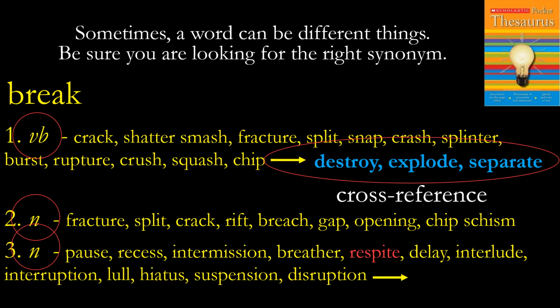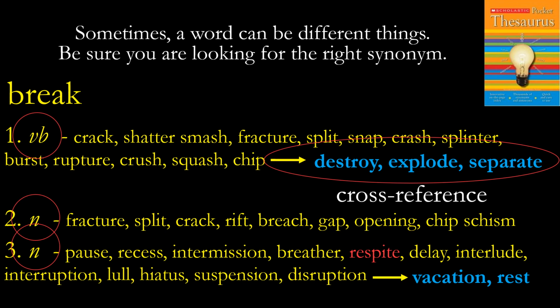A thesaurus will not give you the pronunciation. The dictionary does that. So we have respite, delay, interlude, interruption, lull, hiatus, suspension, disruption. Oh, and we get an arrow and some more words that we can cross-reference.